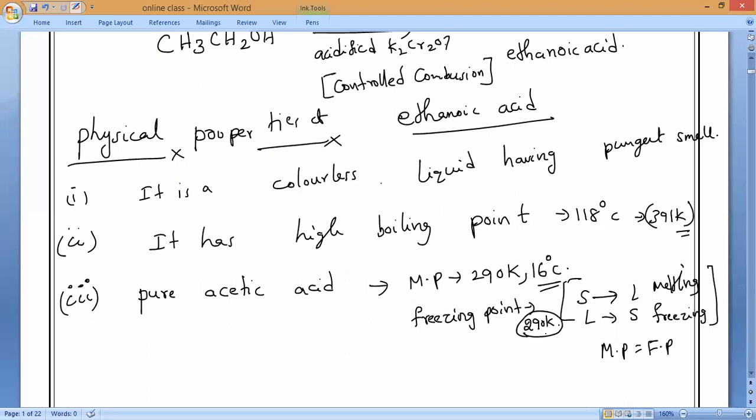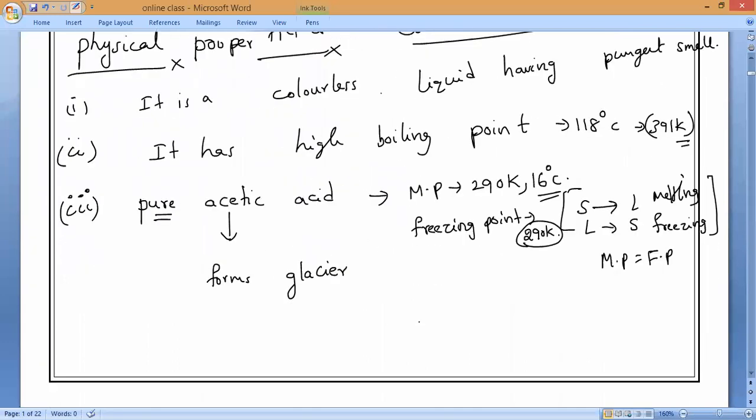Now, during freezing, if I take pure acetic acid, or pure ethanoic acid, it will form a solid structure that looks like a glacier. Do you all know glacier?